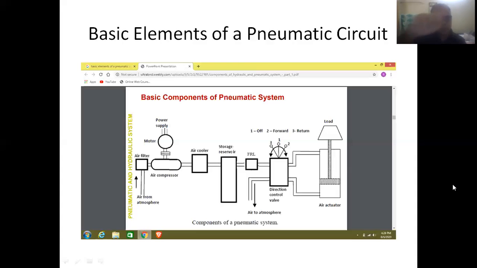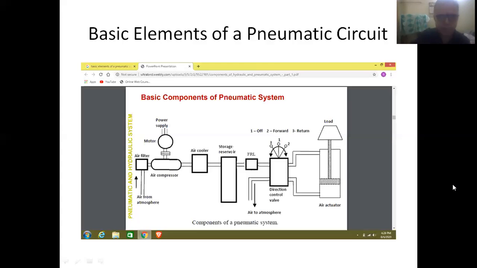If we are supplying fluid from one side of the piston, we have to receive the fluid coming out of the other side. And if we are supplying fluid from this side, we have to make arrangements for receiving the fluid from this side of the piston. Therefore, a four-way valve is very essential for operating a double-acting cylinder, as shown in the figure.